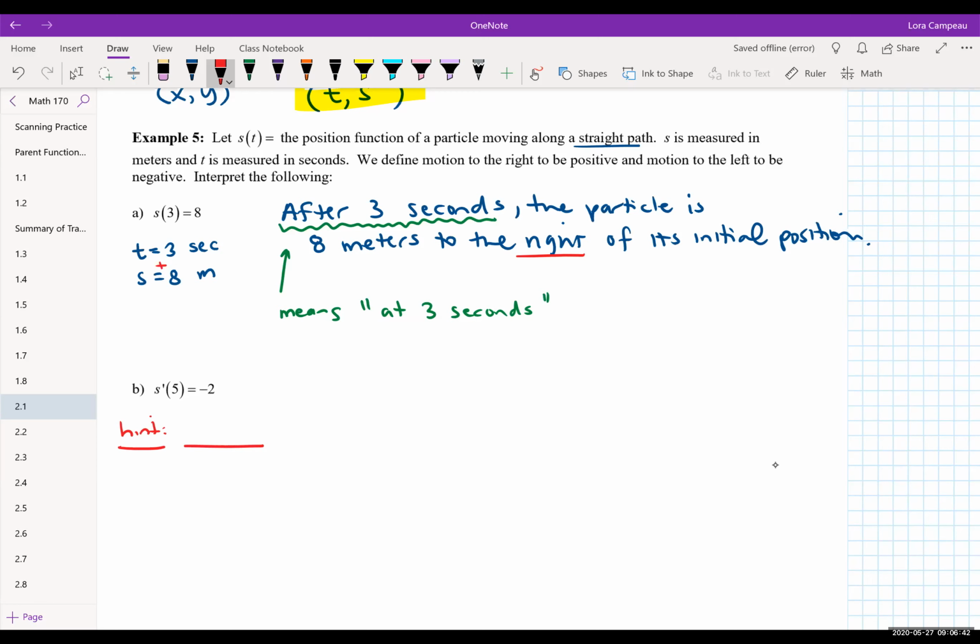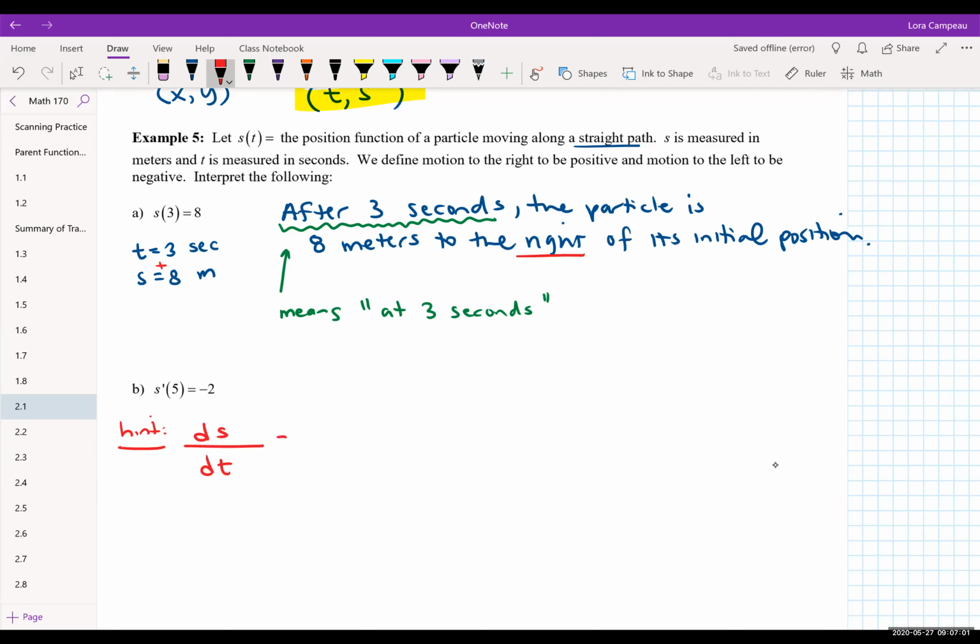According to this notation, we're taking the derivative with respect to t, with respect to time. That's why we have the denominator. And that would be the other variable, the derivative of s, derivative of position with respect to time.